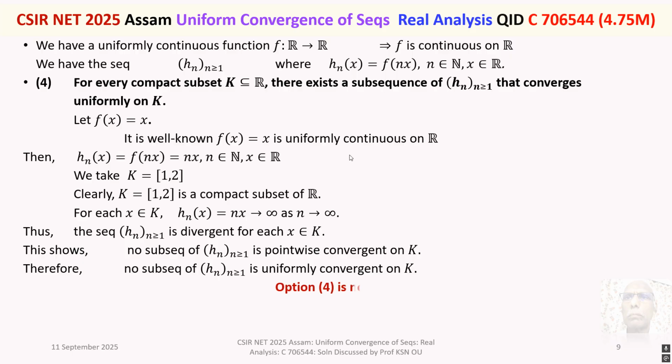So, option 4 says, for every compact subset K contained in R, there exists a subsequence that converges uniformly on K. But no subsequence of h_n is uniformly convergent on K. Therefore, option 4 is not true. Thus, summarizing all the options, the answer to this question is option 2.